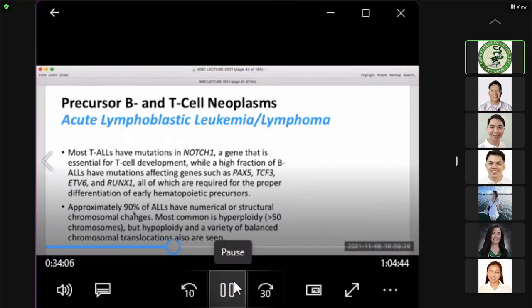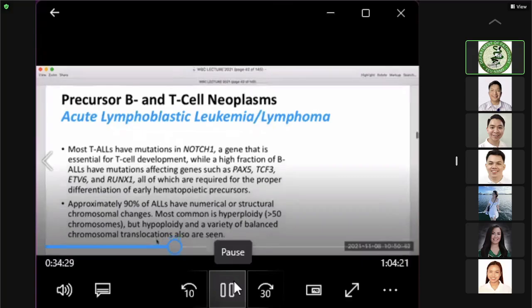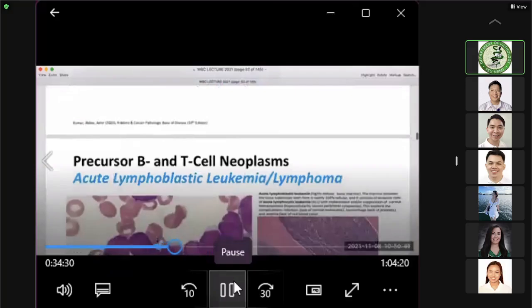So approximately 90% of ALLs have numerical or structural chromosomal changes. We have studied this in genetics, right? That chromosomal problems are either numerical or structural. So most of them are hyperploidy, okay? But hypoploidy and a variety of balanced chromosomal translocations can also be observed, okay?